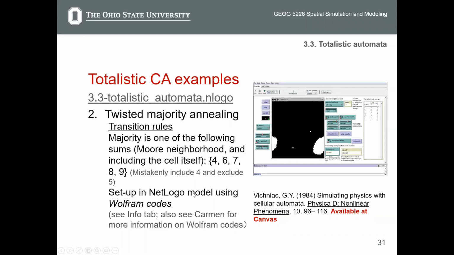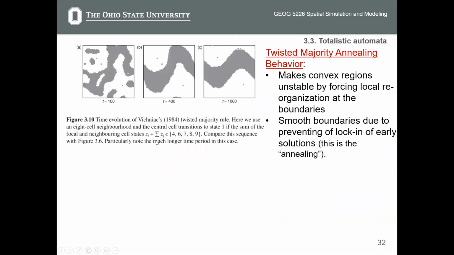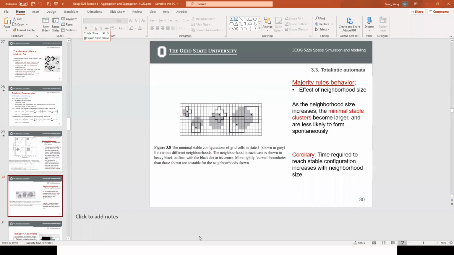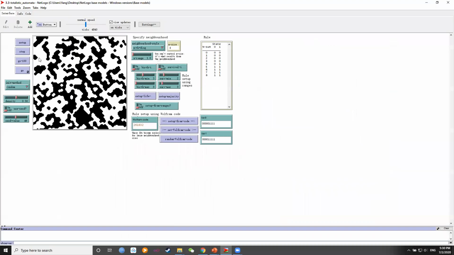You can use a specific Wolfram code to give this set of rules to NetLogo to create this twisted majority annealing simulation. Let's get back to NetLogo.